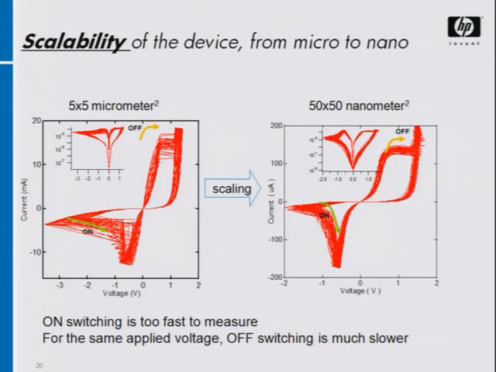All right, so scalability. The devices actually scale in a very interesting fashion. What we always see is that the smaller the device, the better it looks, the better its IV characteristics look. So this is an example of a 5 micrometer by 5 micrometer device, and there is a 50 nanometer by 50 nanometer. And you see that this thing is a lot noisier, a lot less reproducible.